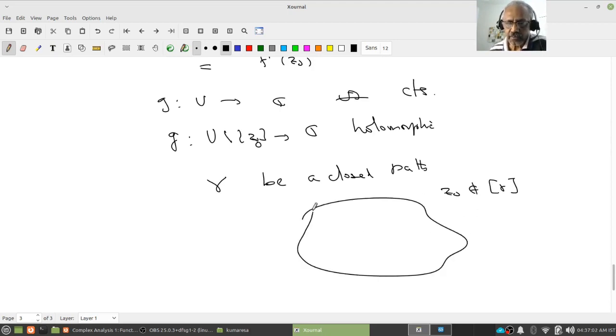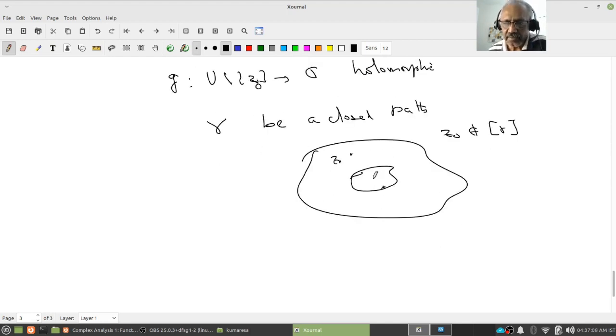So this is my U and this is my path and my z naught may be outside or here. This is my gamma. It may be here or it may be here, but it should not be on the path, right? Then what do I know? Integral of g over gamma must be 0, right?